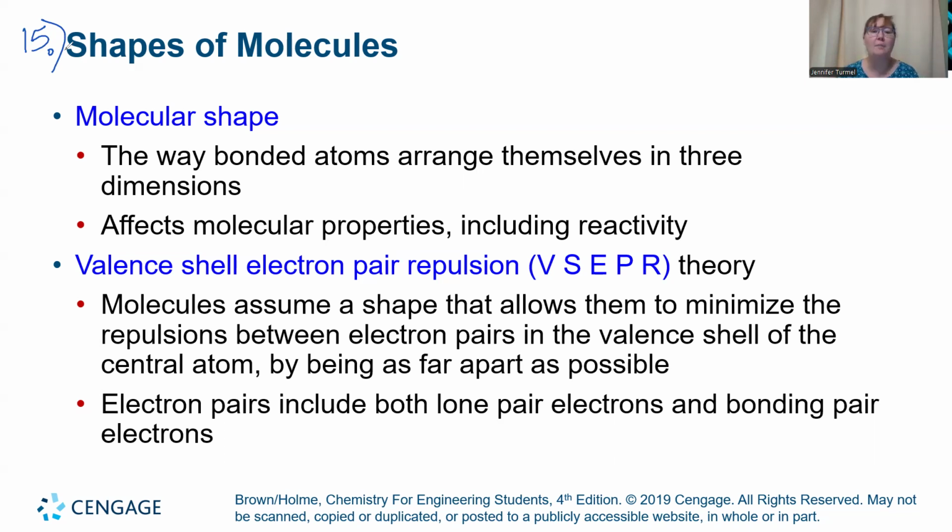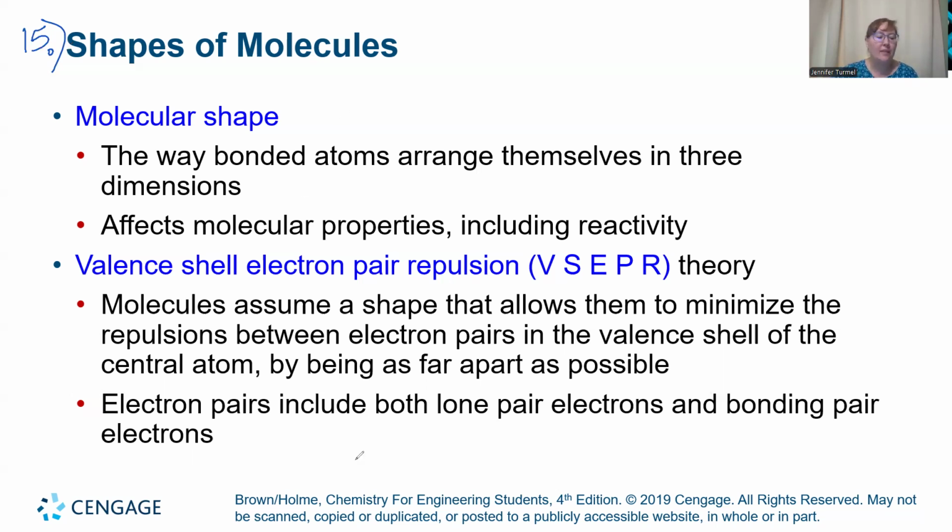The molecular shape affects our reactivity, it affects boiling points, it affects melting points, it affects all kinds of really important things. Okay, so we need to know what it's going to look like. It's also really important because knowing what it looks like helps you understand how the reactions are going to occur. Like a long chain might have something coming at it from above, or a branched chain might have something coming at it from the side. And so you need to know where the atoms are.